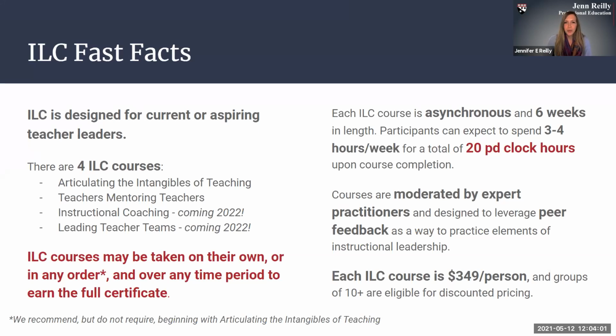Depending on where you work, that can look like a lot of different titles or roles, including mentors, instructional coaches, department chairs, grade level leads, really anything from formal district positions or school level positions to informal. You know, mentoring is not always an appointed position. So really anybody who is serving as a leader from the classroom, or aspires to develop their leadership skills from the classroom.